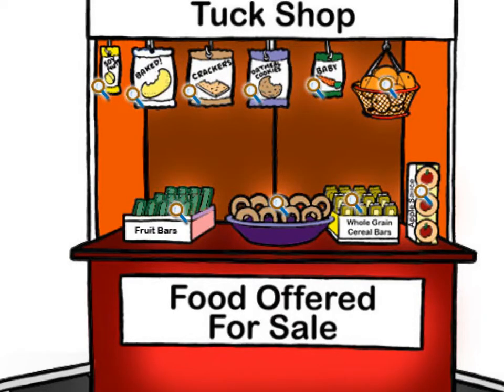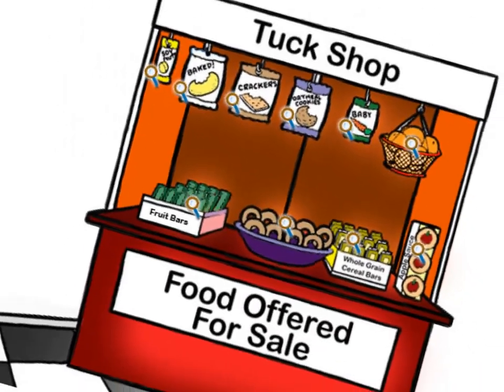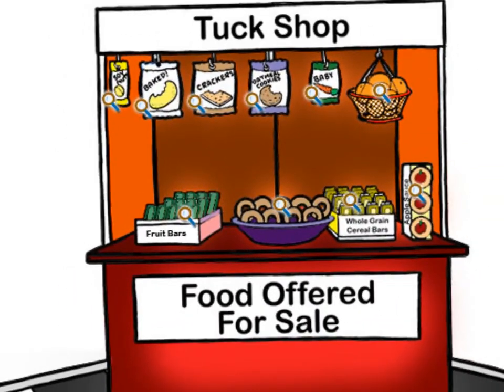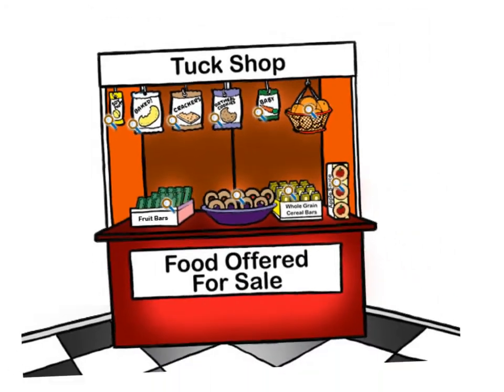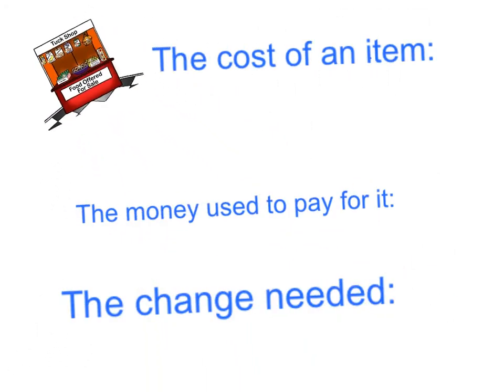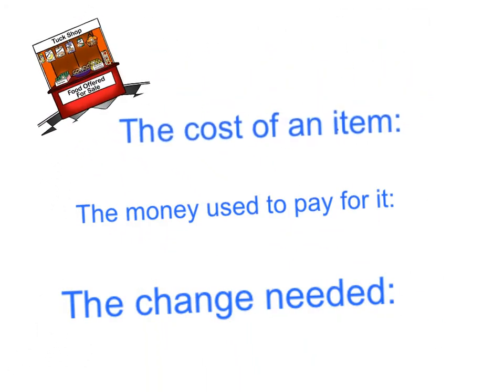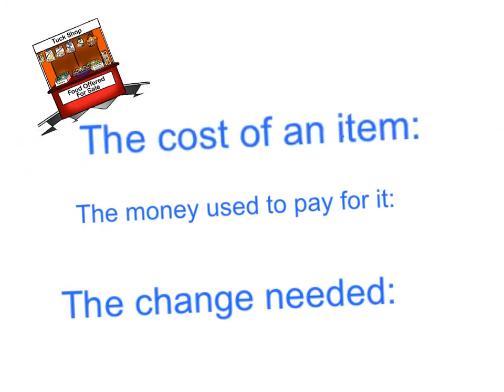Alright, so today we're going to pretend that we are working at the tuck shop and that we're in charge, and we have to figure out what the amount of change is that we need to give to people who are coming to buy things for their lunch. So when we are figuring out change, there's three things that we need to know to sort it out. The first thing that we need to know is the cost of an item.